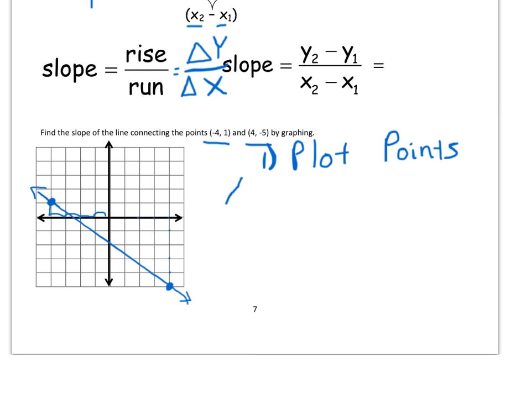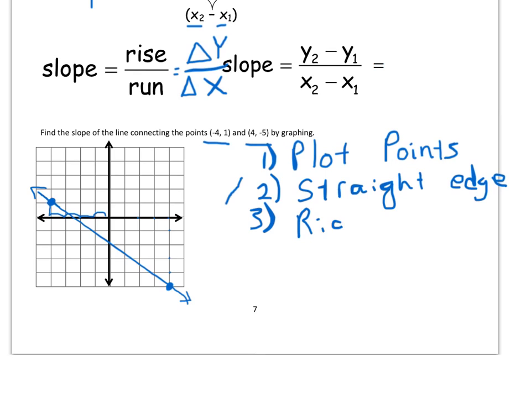Step number 2 is you're going to use a straight edge to make a straight line. And again, your student IDs work great for that. Step number 3 is you are going to do a right triangle, and I'll show you what I mean by these steps.